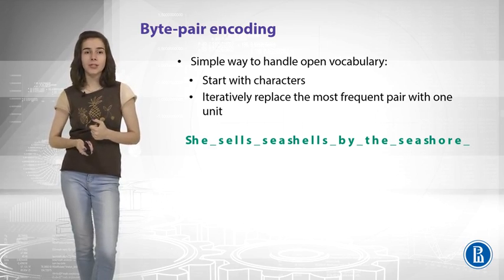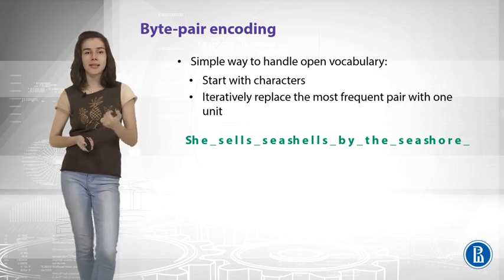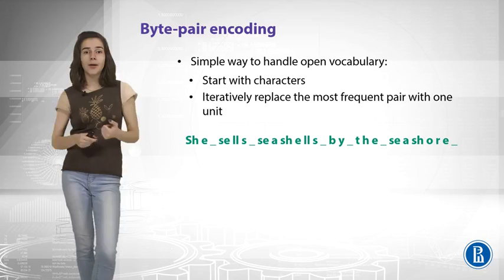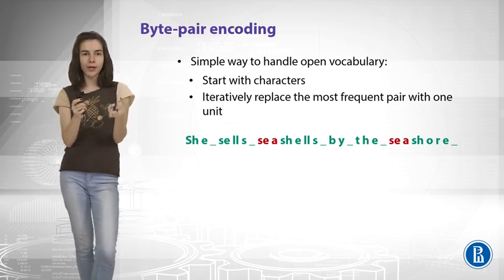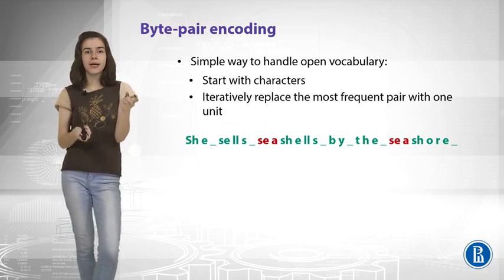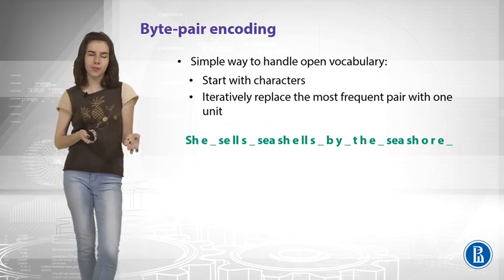Okay. Now you say, okay, what is next? Next, I see that these two letters occur a lot. Let us collapse them. These two letters also should be collapsed. And then, importantly, you can apply the same procedure to subword units. So here, you would collapse your bigrams and unigrams into trigrams. And actually, you can stop whenever you want.